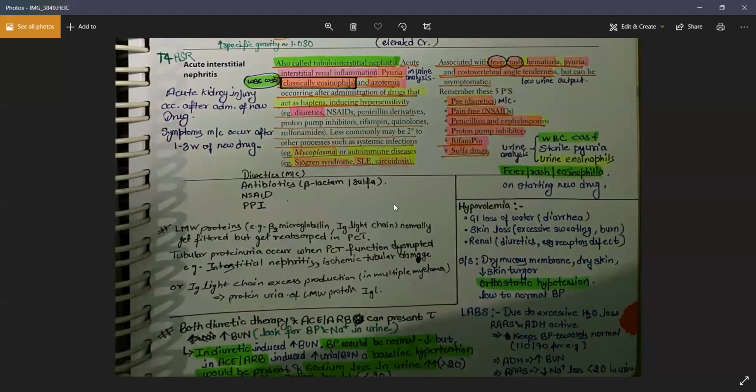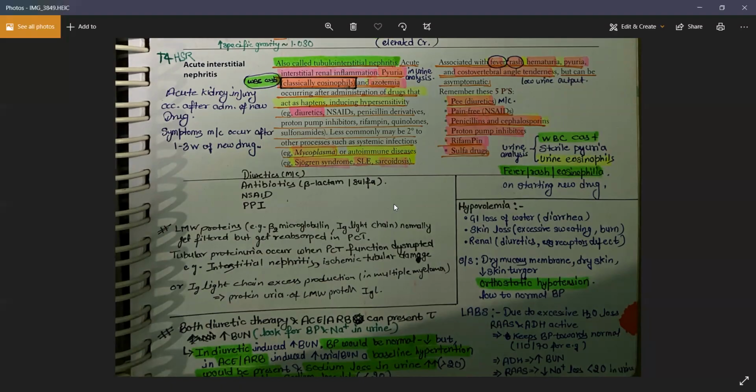Now if you give the patient diuretic therapy or ACE or ARB therapy, in both cases you can have a high level of creatinine and BUN.